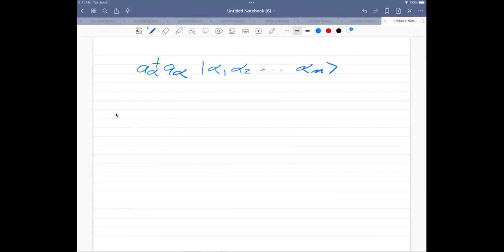We're assuming now that we can actually have 2 cases here. We have 0 if alpha is not contained in this set of states alpha 1, alpha 2 up to alpha n. And we see that immediately because if it's not contained, when we act with A alpha, it's just going to give us 0, because you have A alpha acting on a vacuum state, and that's a 0.